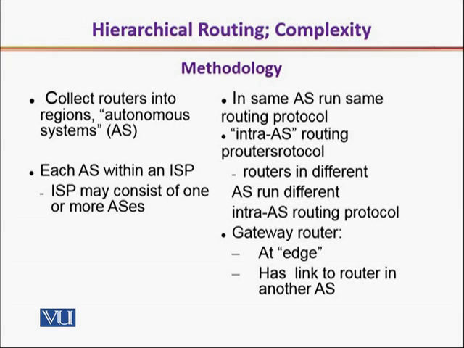Within an autonomous system, the routers that belong to it run the same routing protocol. It is called an intra-autonomous system routing protocol. However, since these autonomous systems have to be connected to each other to form the global network, they must establish a relationship between them through a device called a gateway.